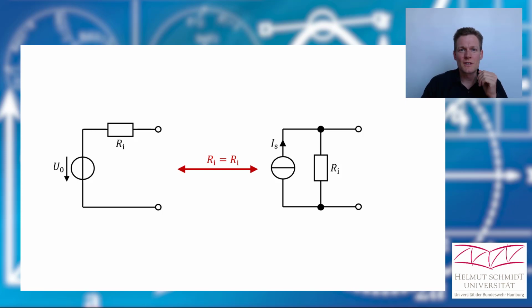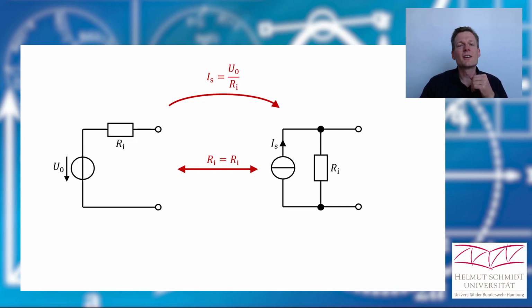The short circuit current is when we make a short circuit at the clamps. On the left side, at the practical voltage source, the current that would flow there is the open loop voltage divided by the inner resistance. Therefore, it's just Ohm's law that we need.